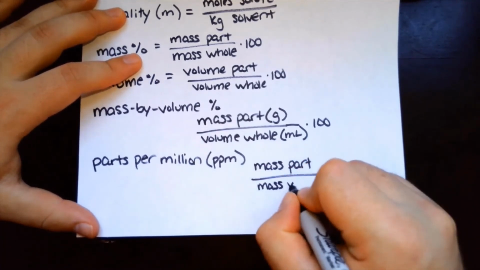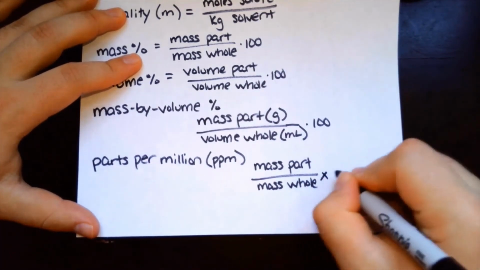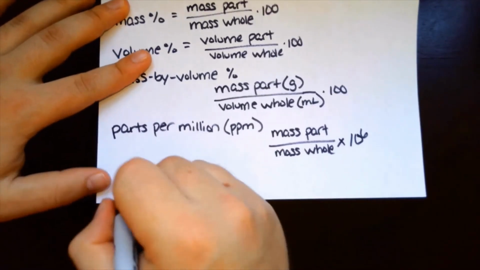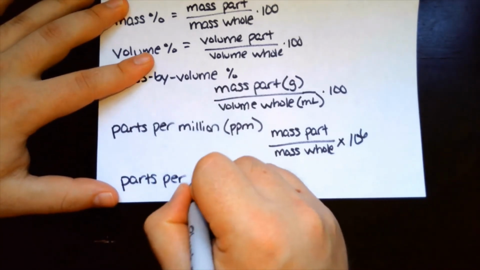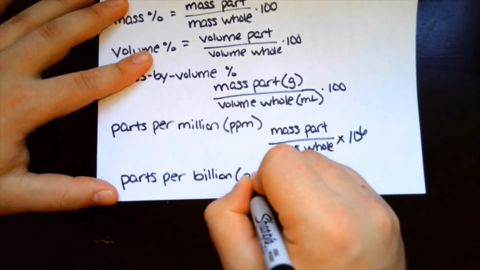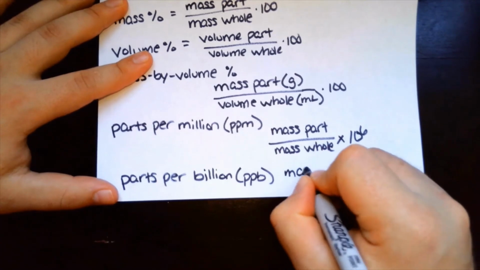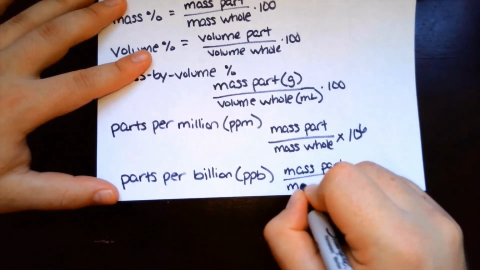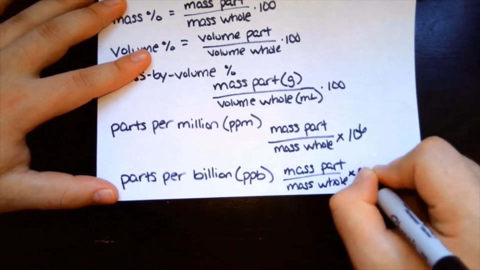But this time, instead of multiplying by 100 to get into a percent, you have to multiply it by a million, which is 10 to the 6. And the last one is parts per billion, ppb, which I'm sure you could probably piece together, is the mass of the part over the mass of the whole times 1 billion, which is 10 to the 9.